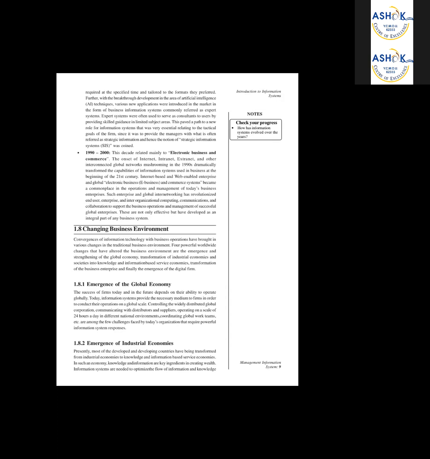Controlling widely distributed global corporations, communicating with distributors and suppliers, operating 24 hours a day in different national environments, and coordinating global work teams are among the challenges faced by today's organizations that require powerful information system responses.